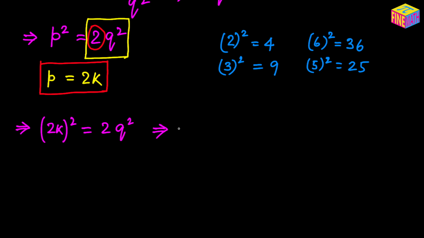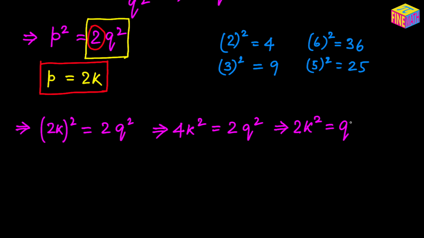And from here, 4 times k squared is equal to 2 times q squared. If we divide both sides of this equation by 2, then on the left side we get 2k squared is equal to q squared.